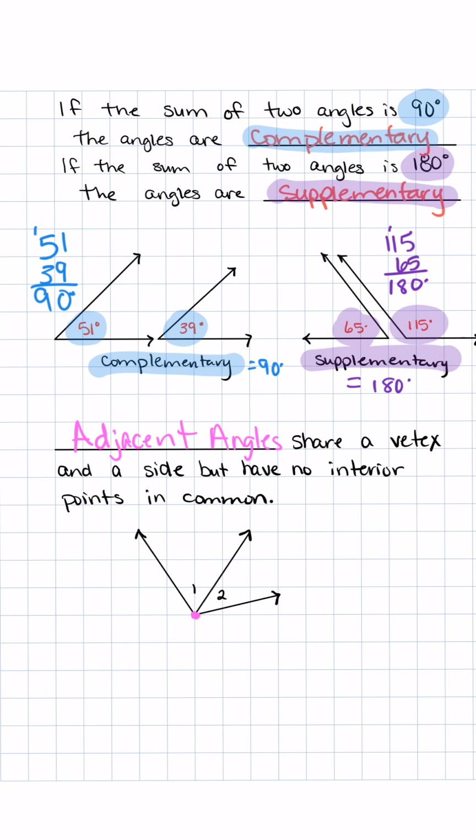They share a vertex and a side, but have no interior common points. So this angle right here and this angle right here are adjacent angles. Okay? Adjacent angles.